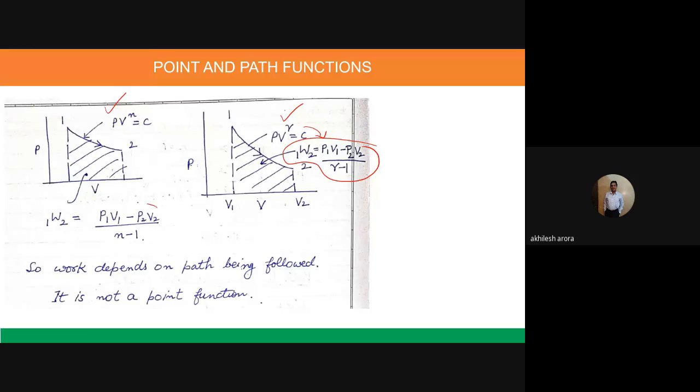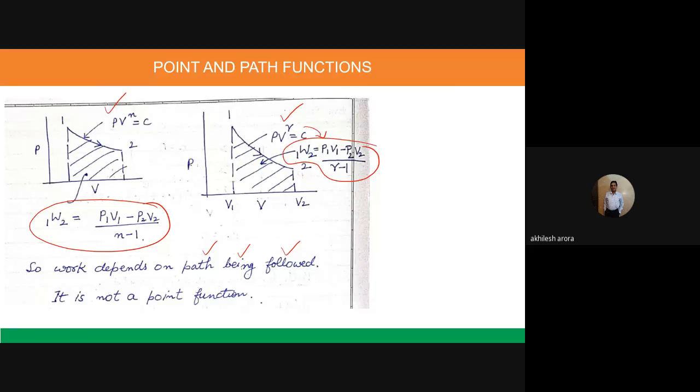This is the value of work transfer for polytropic. So it's very clear that it is not the end states on which the work depends. It depends upon the path being followed. And the path via which we move in each of these processes is actually different.